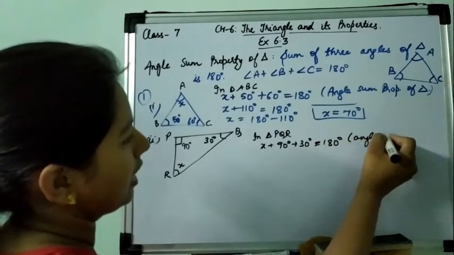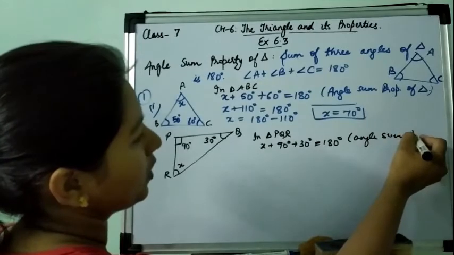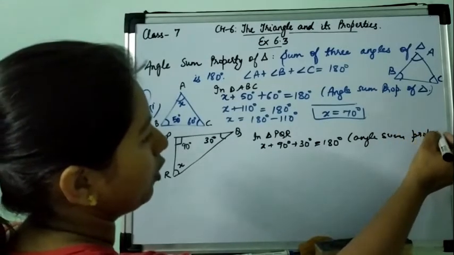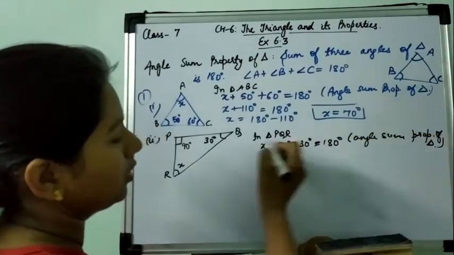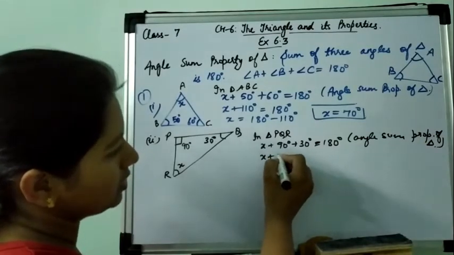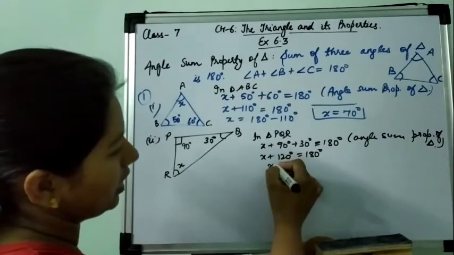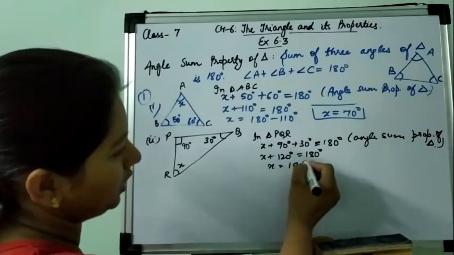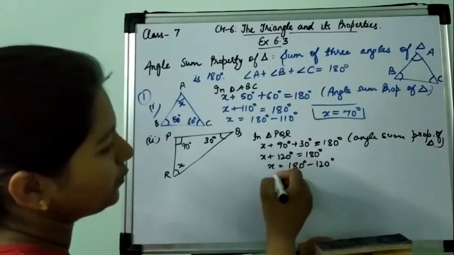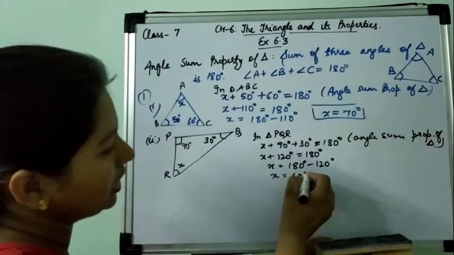Reason: angle sum property of triangle. So x plus 120 degrees is equal to 180 degrees. x is equal to 180 minus 120 degrees, so x is equal to 60 degrees.